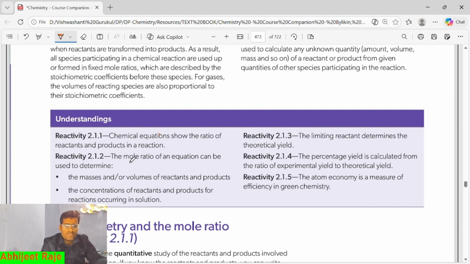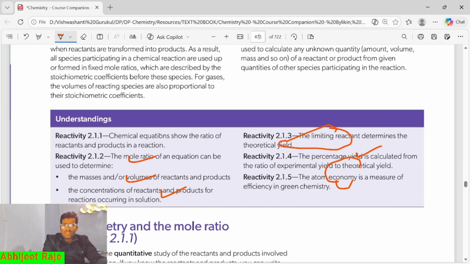Second, we study the mole ratio, then the volume of gases, the volume of the reactant, and the concentration of reactants. Then we have to study what the limiting reactant is. Then percentage yield, and this new concept called atom economy. The mole part you have already done in grade 10, so atom economy is a completely new concept. So without wasting time, let's start with the exam questions.